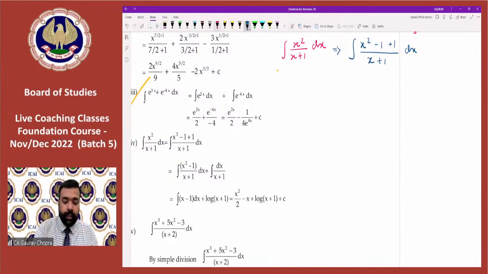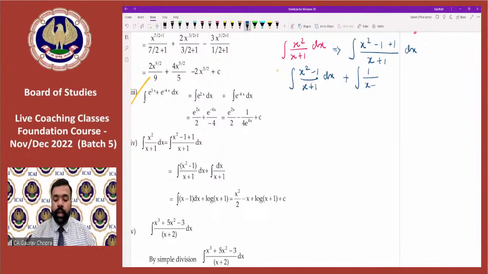Now how to split them? It will become integration of x square minus 1 upon x plus 1 dx plus integration of 1 upon x plus 1 dx. So in this way we have split them.